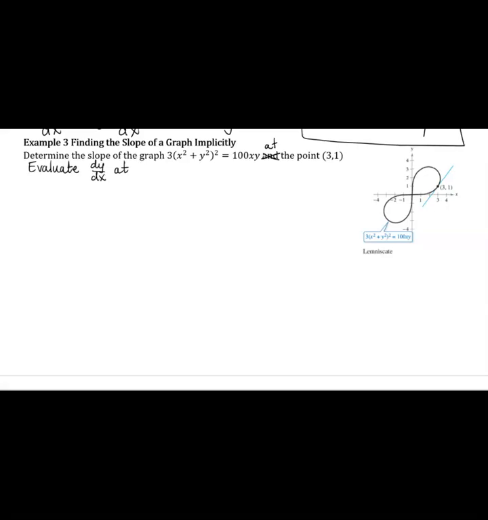So a better way to say it is at x equal to 3 and y equal to 1. So now that we know what we need to do, we need to first find dy dx, and then we will plug in 3 and 1.